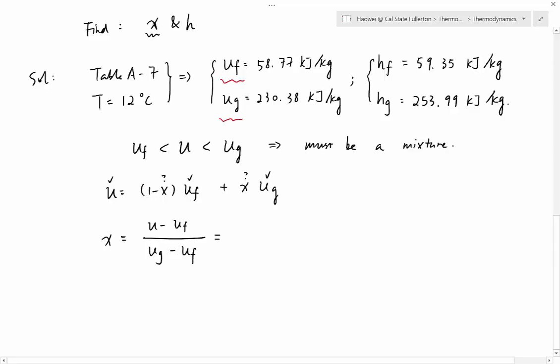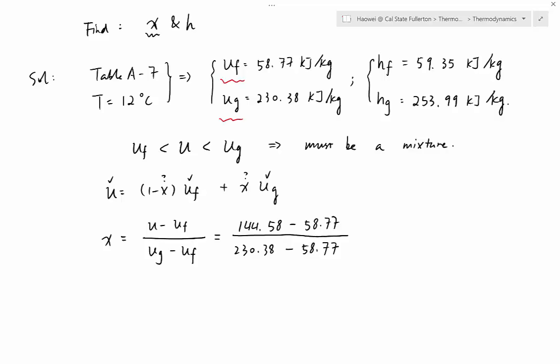Alright, so now we can plug in the three numbers. u is equal to 144.58 minus uf, which is 58.77, divided by 230.38 minus 58.77. They have the same unit, which is kilojoule per kilogram, and it's okay even though kilojoule is not SI because they will all cancel, since this is a division.